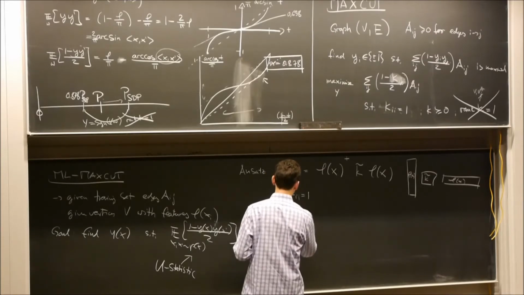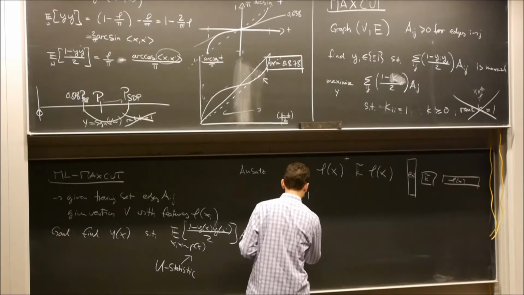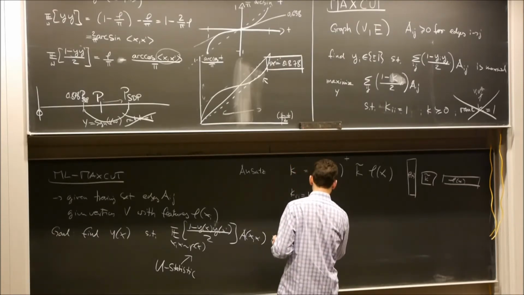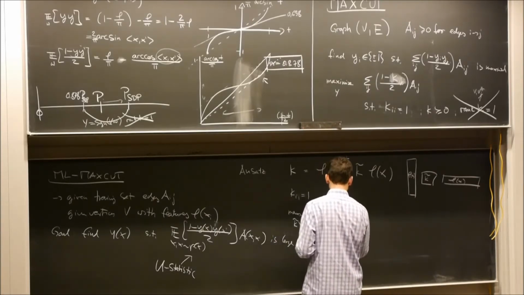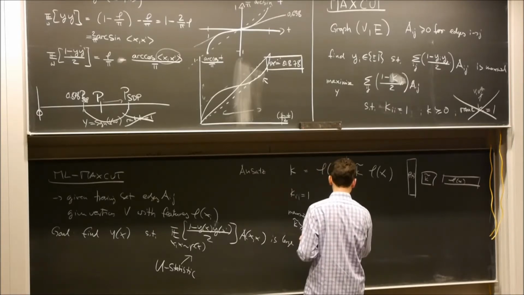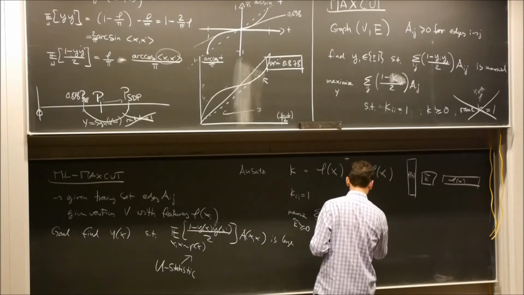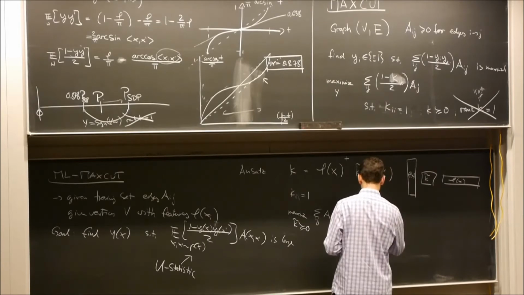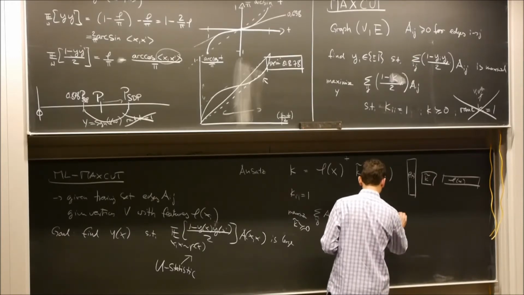So I want to maximize over K tilde, which has to be positive semi-definite, the sum over i and j of Aij times (1 minus phi of xi transposed K tilde phi of xj) over 2.